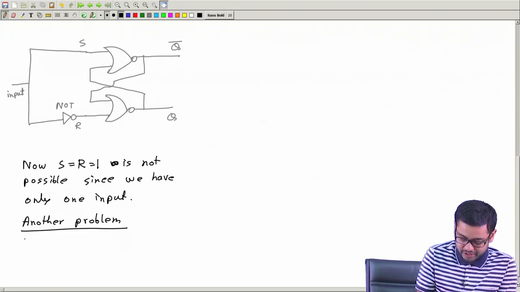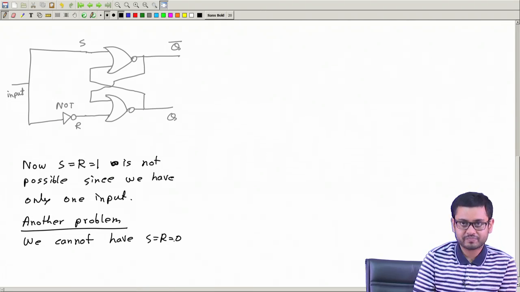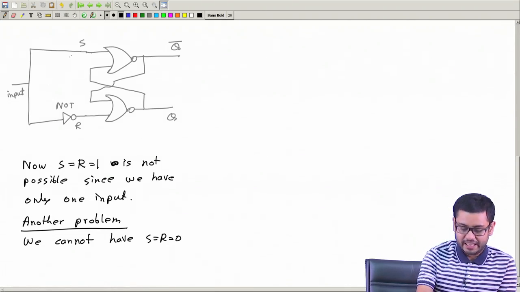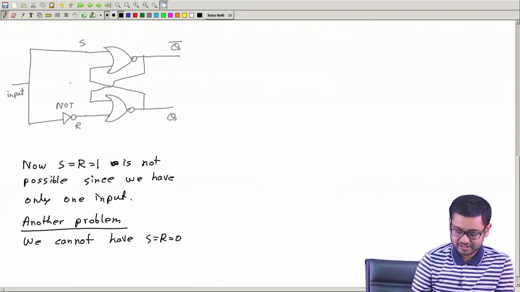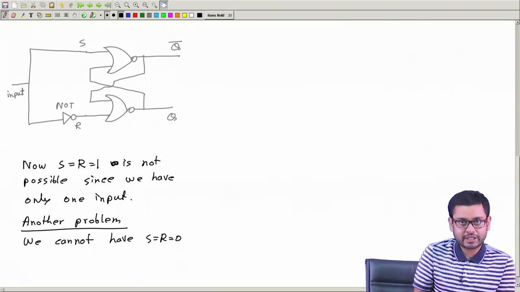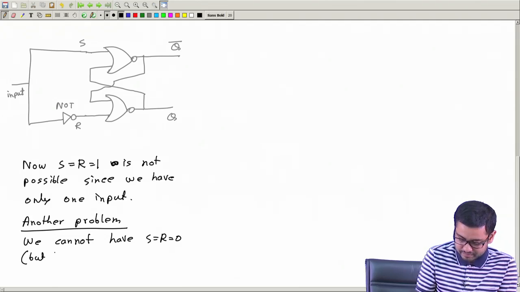We cannot even have S equal to R equal to 0, because S equal to R is never possible in this circuit, they are always opposite. So, this S equal to R equal to 0 is not possible, but this is a valid input.